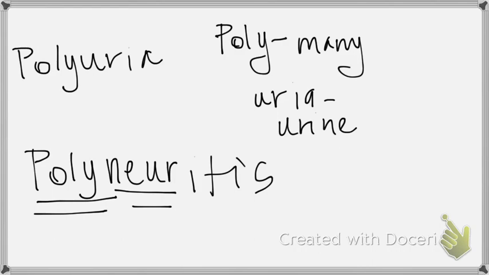Look at 6.7. It tells you inflammation of many joints would be polyarthritis. Pain would be polyneuralgia, because remember A-L-G-I-A is pain. And then the state of having too many or more than two ears, polyotia.